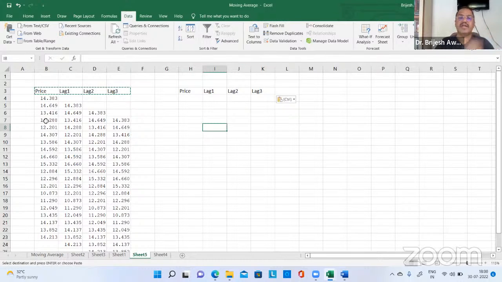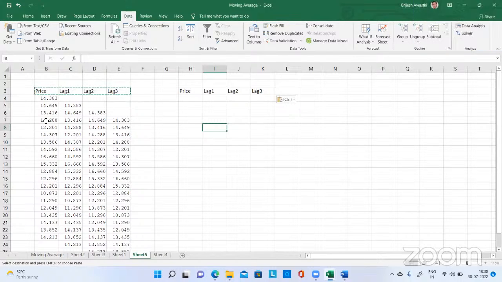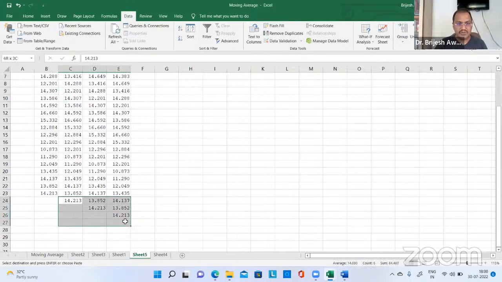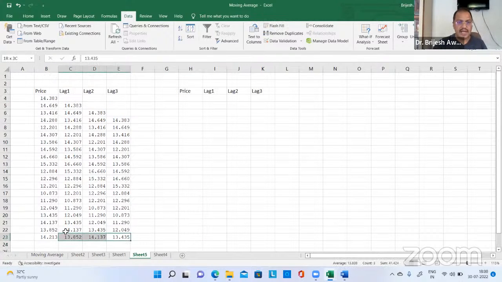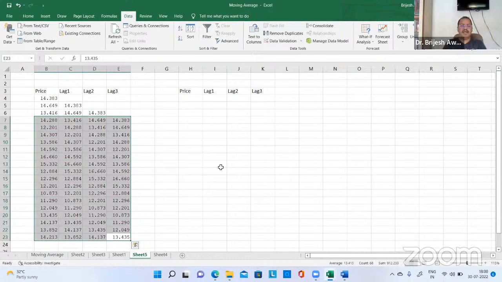Because in regression we require the data in every series, that is why, because that part is not usable, I'm going to delete it and select this data only. So this series is complete now.